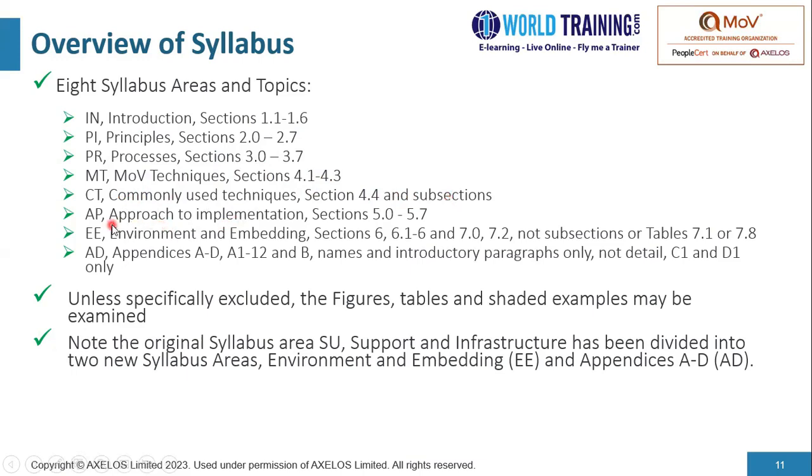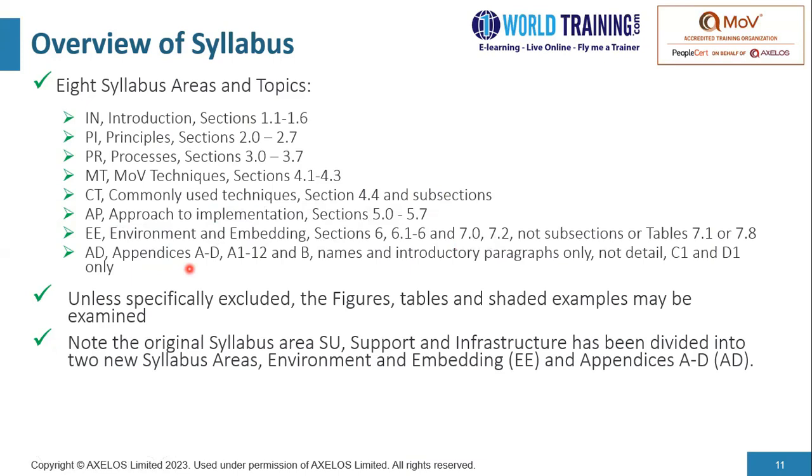The next syllabus area is approach to implementation in section 5.0 to 5.7. And then you have environment and embedding covered in sections 6 and 7. Appendices would be another syllabus area that they would test you on.